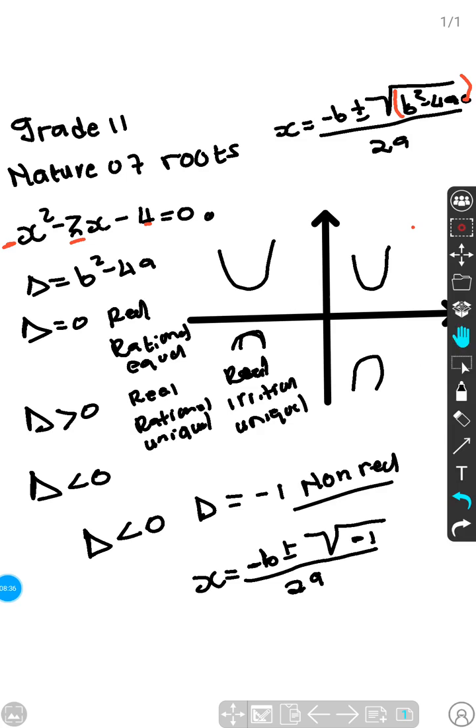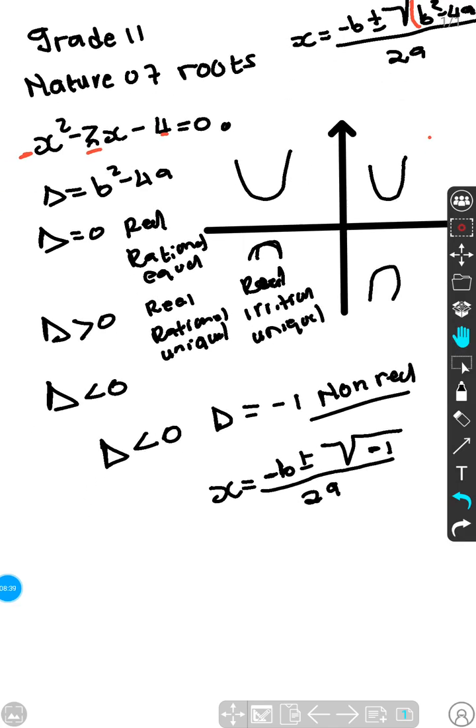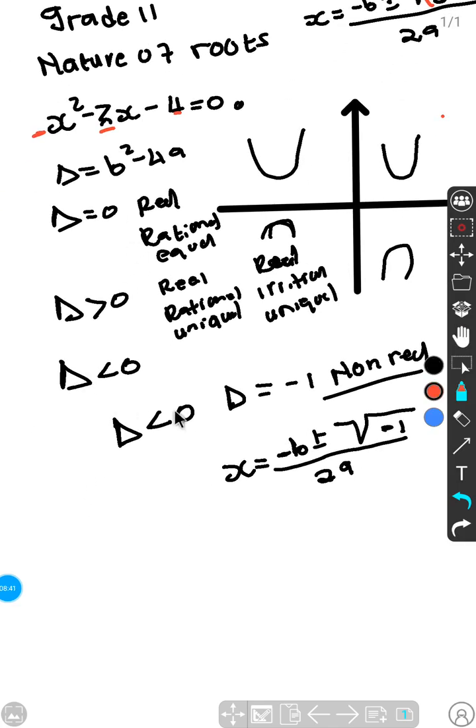Okay, so let's use the first example, this one. We are going to find the nature of the roots. Our a is equal to 1, our b is equal to -3, and our c is equal to -4. So the discriminant is equal to b squared minus 4ac.